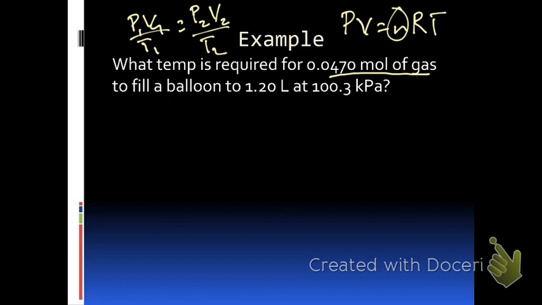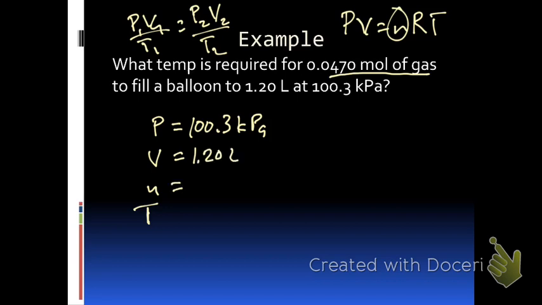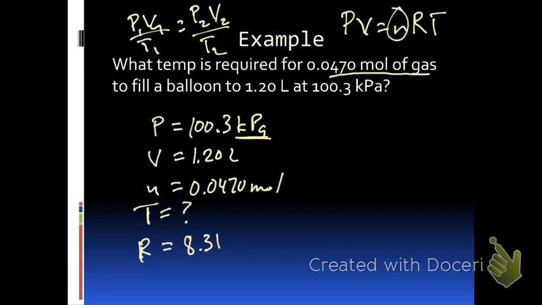Okay, so now that I know I'm going to use PV equals nRT, we have the pressure, 100.3 kilopascals. The volume is 1.20 liters. We know that we have 0.0470 moles. The temperature is what we want to figure out. Since I'm using kilopascals, I'm going to use that R value, which I think is like 8.31 something. 8.31 is fine. That's what I normally use.